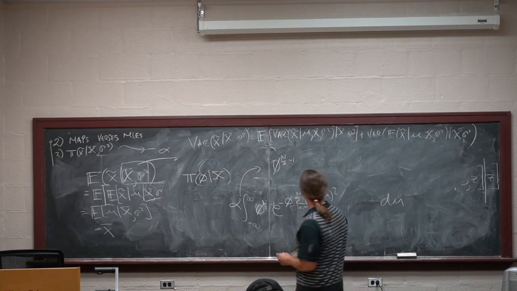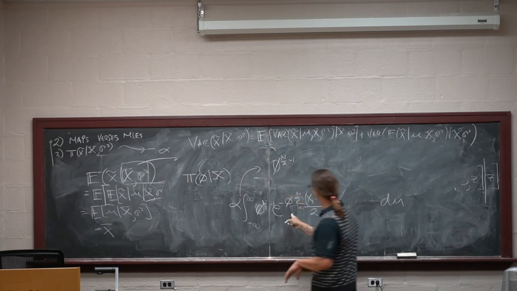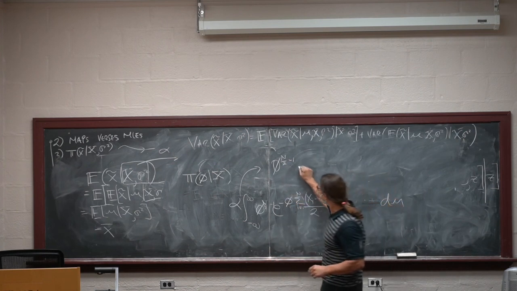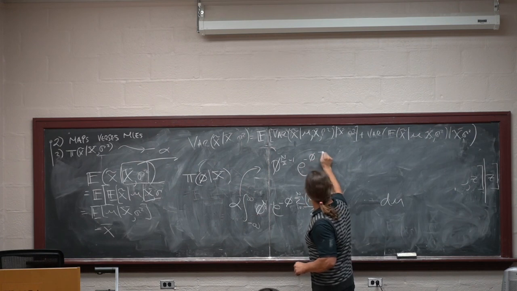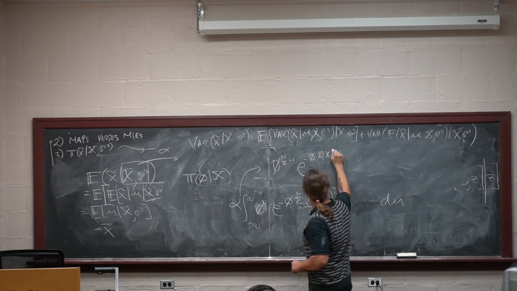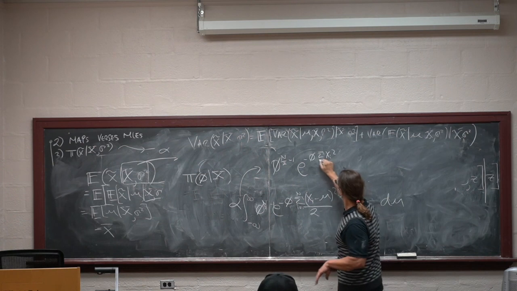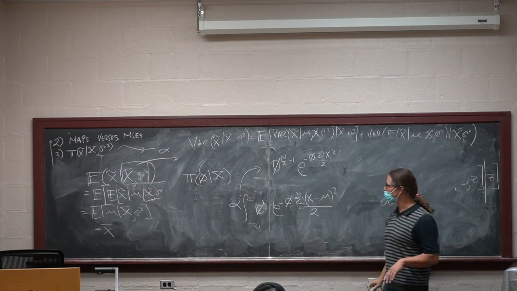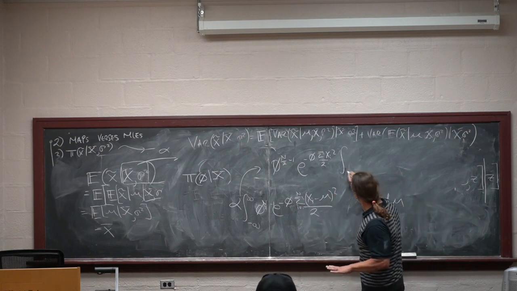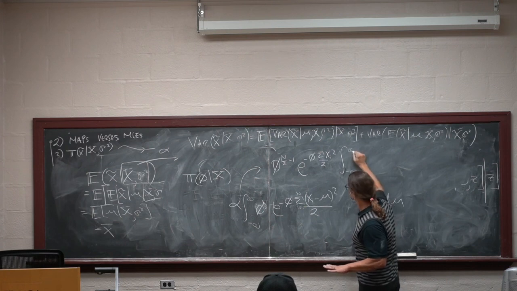So this is going to be, I'm going to do it in my head a little bit. So e to the minus phi sum of the xi squareds over 2. Now what's going to factor out? Integral right here.